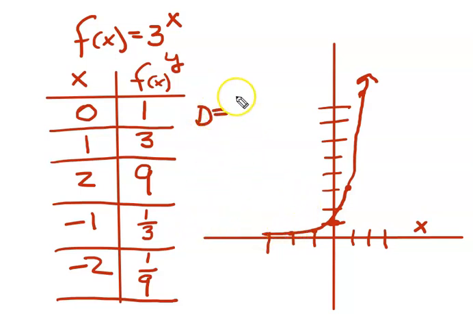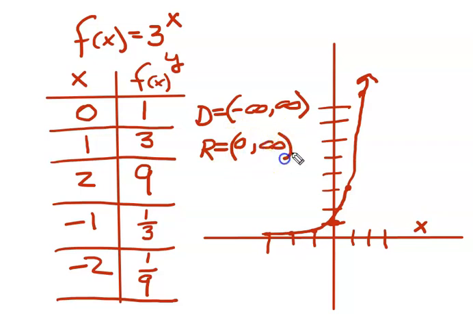And this will go to negative infinity and continues to move ever so slowly in this direction, but to positive infinity. Now the range never reaches zero. So our y value, we start at zero, but it doesn't reach zero. That's why we have the parenthesis. And it goes to positive infinity.